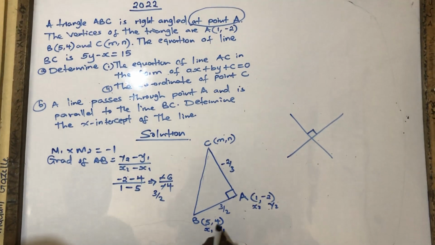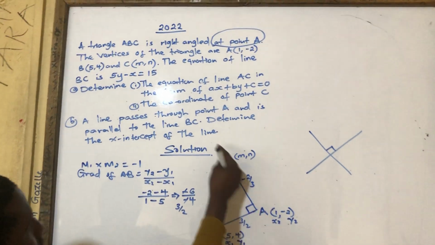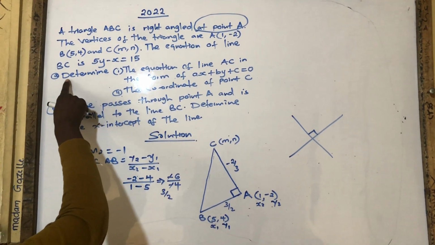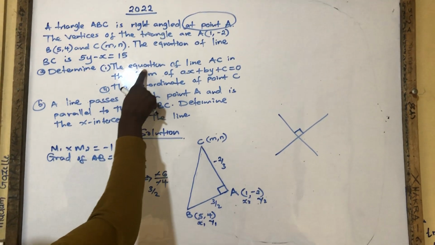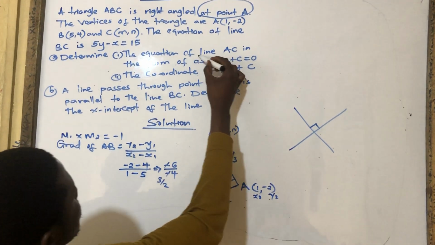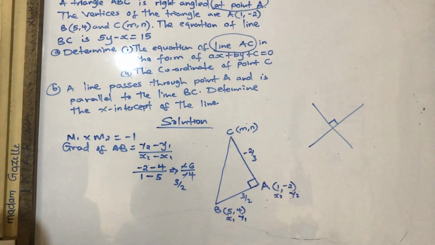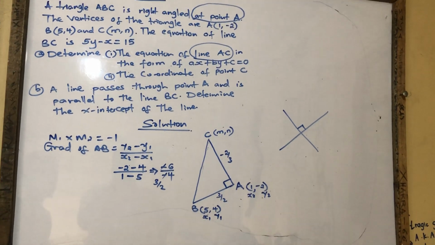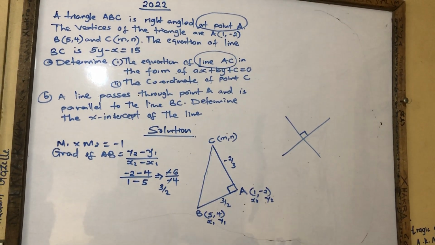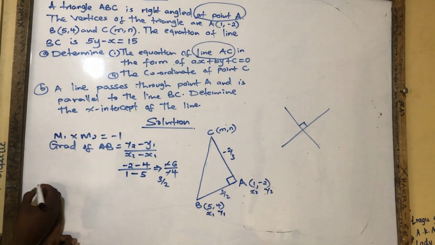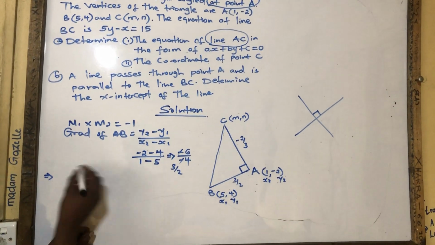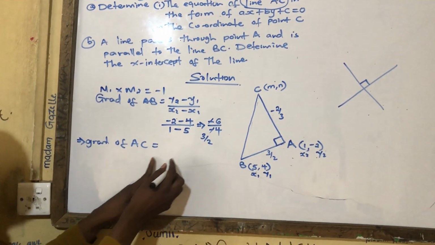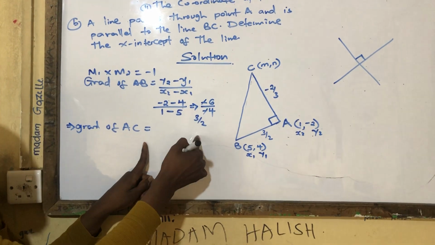How then will we find the equation of AC? Do not forget that we were asked to determine the equation of line AC. Do not forget the focus is on line AC. We want to obtain the equation of line AC. How will that be achieved? We know already that the gradient of AC, just to repeat, will be the opposite of what I'm having here.